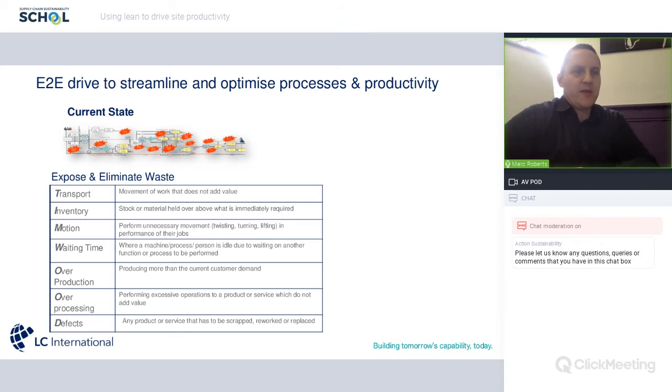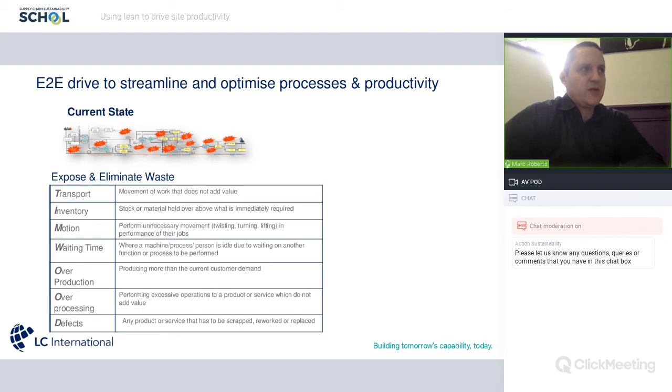If we're manufacturing and installing steel trusses and beams on a job, we can then tease out what is the current state process, that end-to-end process, right from when we get an order all the way to fulfillment and handover. What does that sequence of events, that current state process, look like?